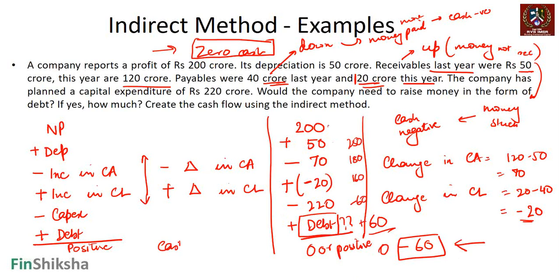If the company had a beginning cash, then you can use that as well, in which case they may not need the debt. Here we are assuming that there is no beginning cash and hence consequently the company will have to raise some debt, right?